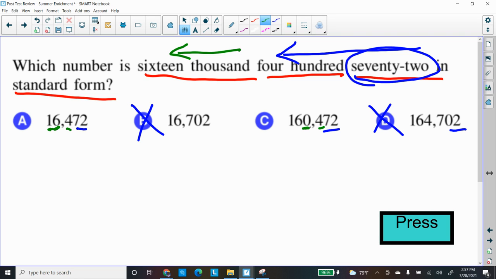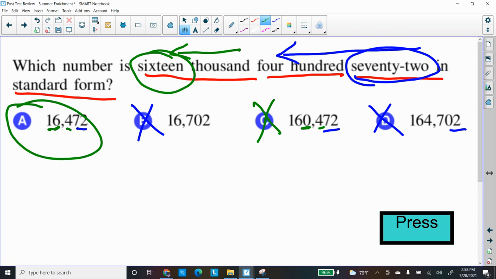Choice C has a 6 in the ten-thousands place, so that'd be 60,000, and they want 16,000. So I'm going to go with choice A, 16,472. And let's press it. Correct. So that was a good one.